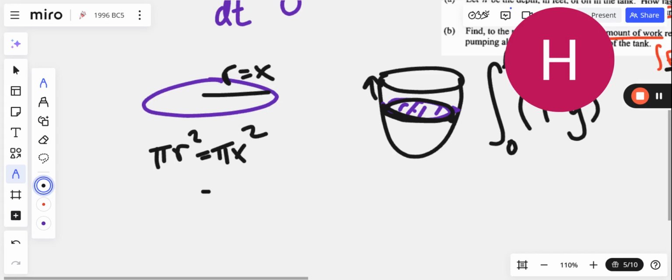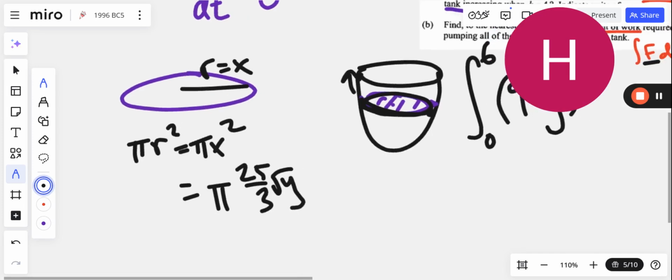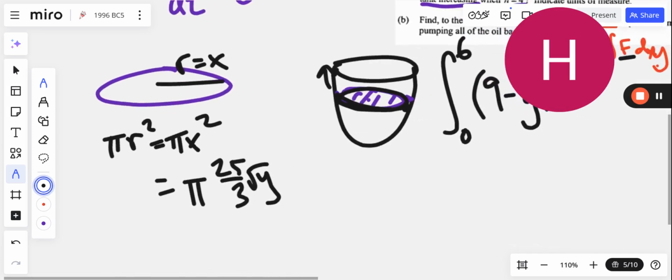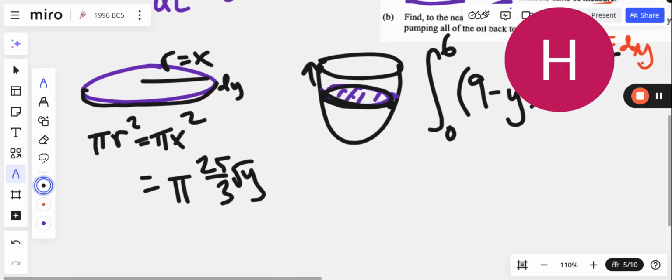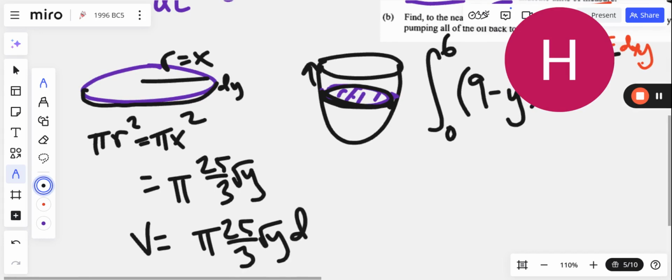And since we solved for x squared, this is pi times 25 over 3 square root of y. Okay, and they technically have a very, very tiny thickness of dy. So that's the volume. So v equals pi times 25 over 3 square root of y dy.